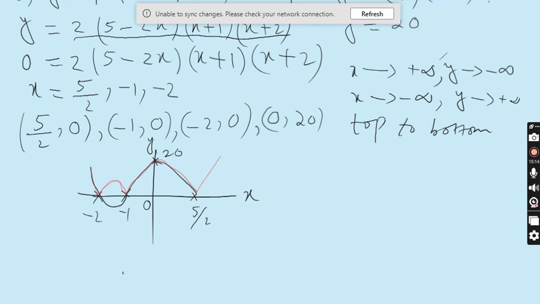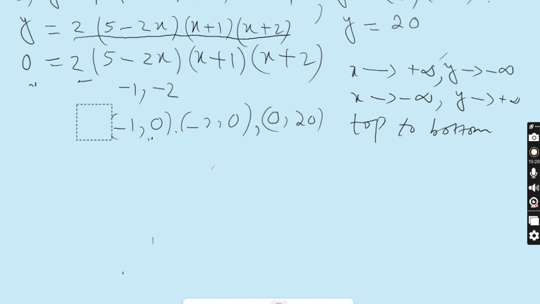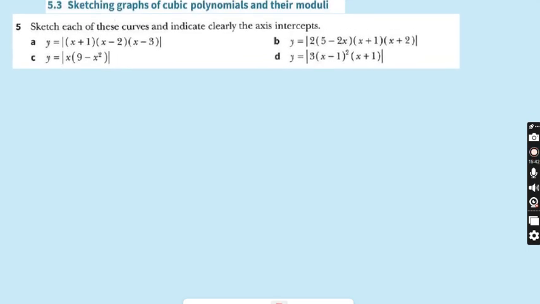Now move to part C. What is part C? This one. y equals x, 9 minus x square, modulus.